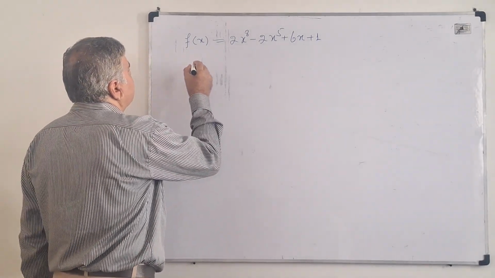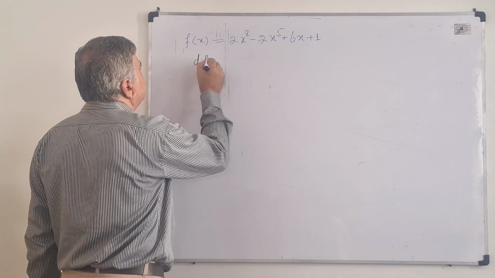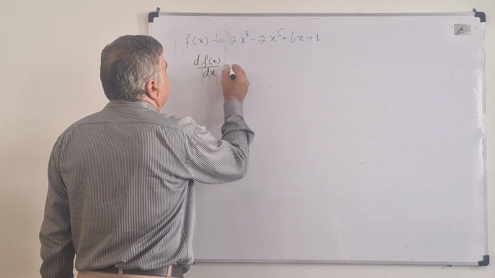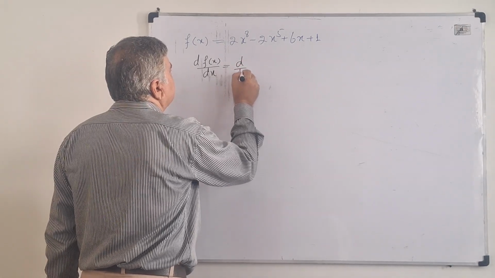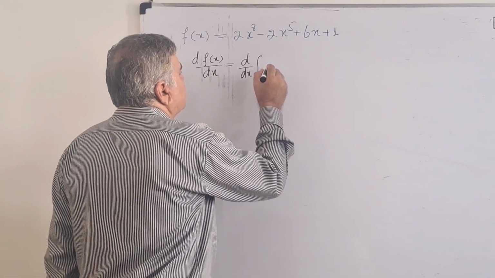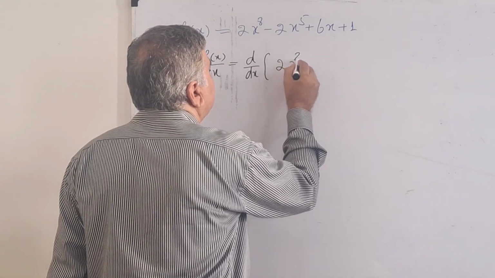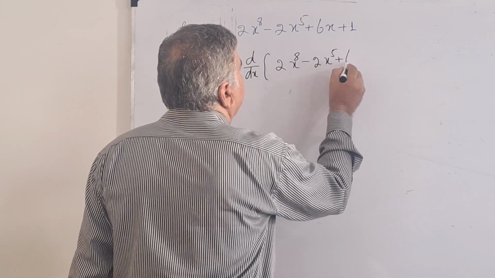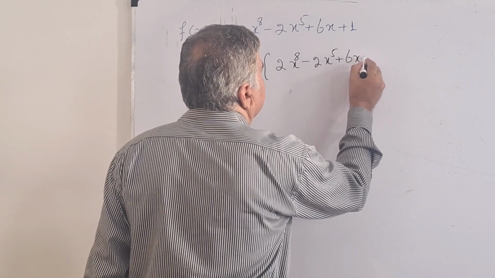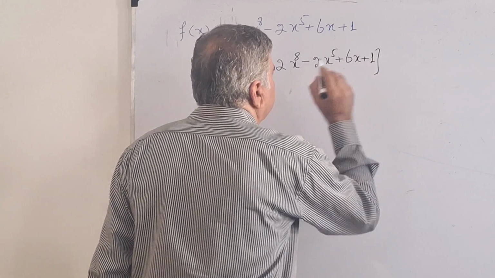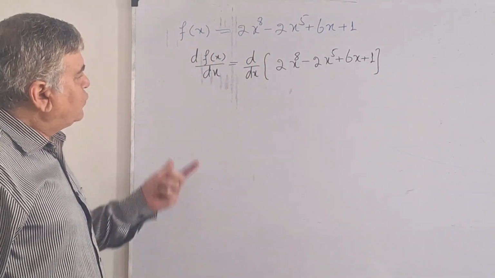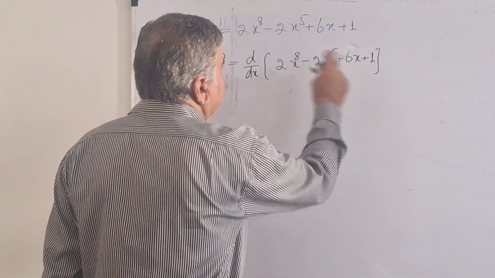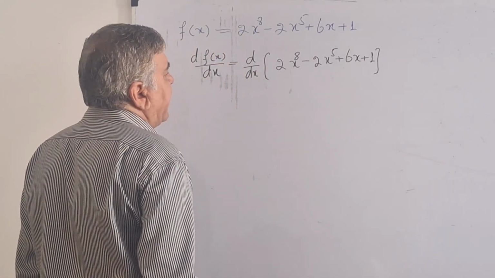And in order to find the derivative of this function, df(x)/dx, I can write d over dx of 2x^8 minus 2x^5 plus 6 times x plus 1. Now, using the sum rule, I can take the derivative of each term inside these brackets.